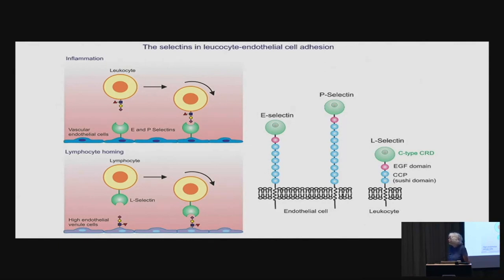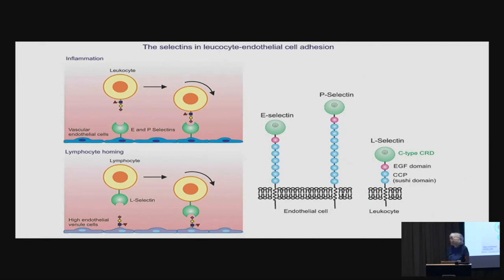The other selectin, L-selectin, is actually on the white blood cells, particularly T and B lymphocytes, and it binds to glycan ligands on the special endothelial cells which line the entrance to the lymph nodes.